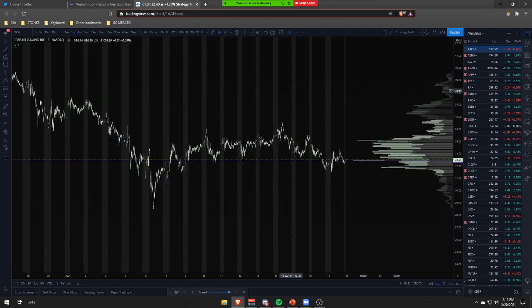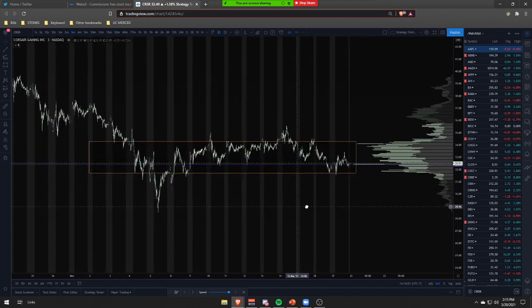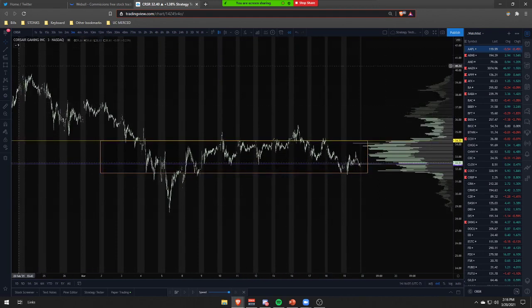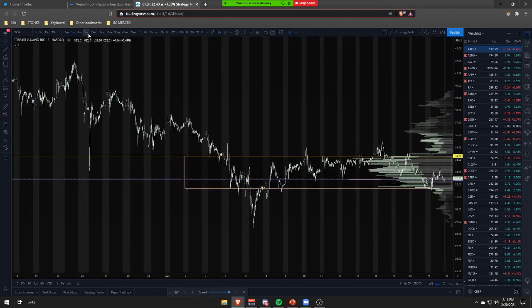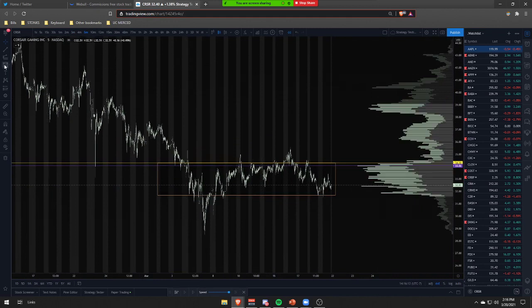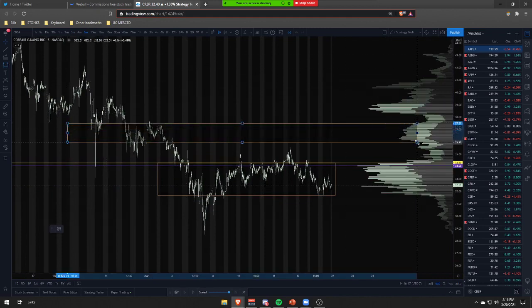Okay, so Corsair is in a consolidating range right here. Right, this is our consolidation range. So this top is 34. My first PT would be, let's take a look. So our next consolidation area is right here.